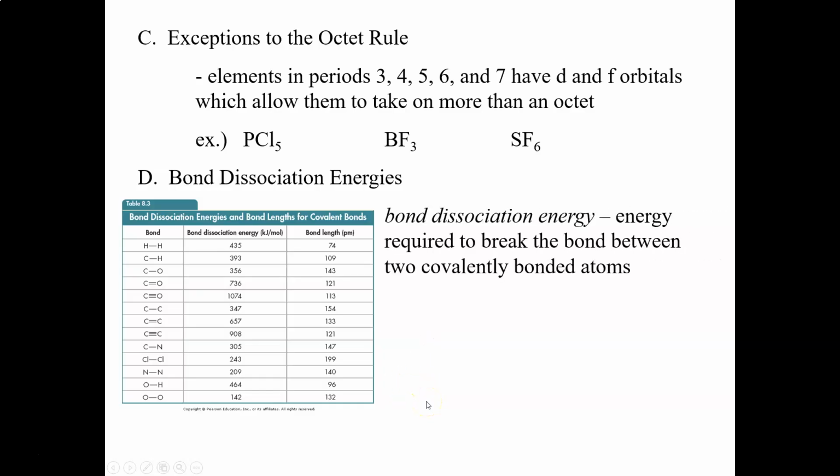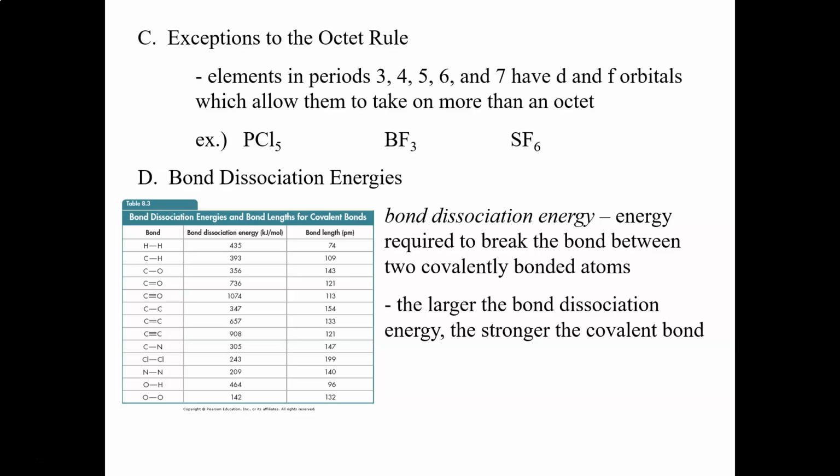So the bond dissociation energy is the energy required to break the bond. Right? And we learned that the larger the energy, the stronger the bond is. And in fact, we really learned a couple of other things, and you should write those down. I don't have them here, but you should write them down.